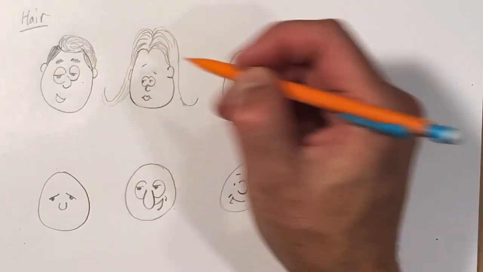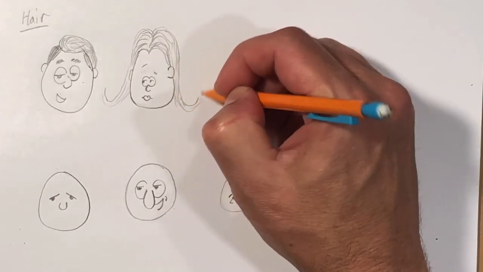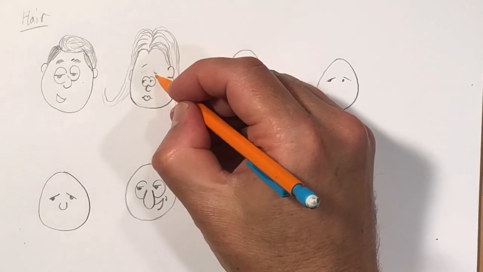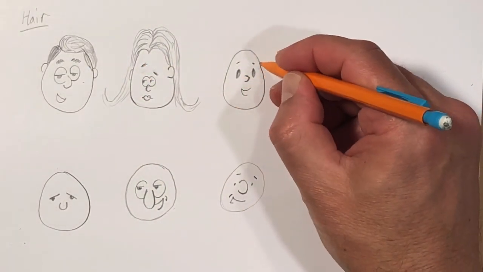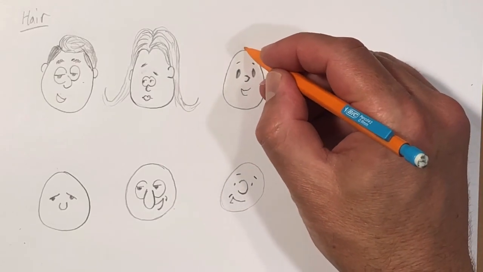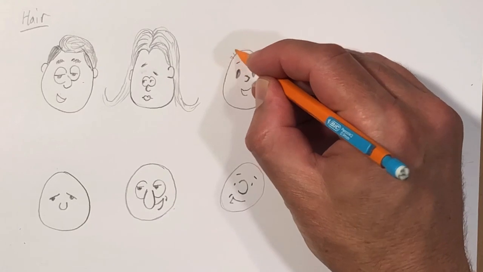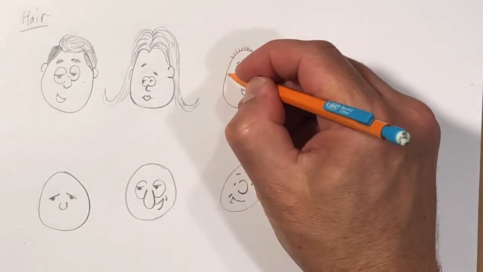That's for another project, or for another part of this, I should say. We'll get to that later. So maybe this guy's just got some, just put a few little lines. That's all it takes for hair sometimes.